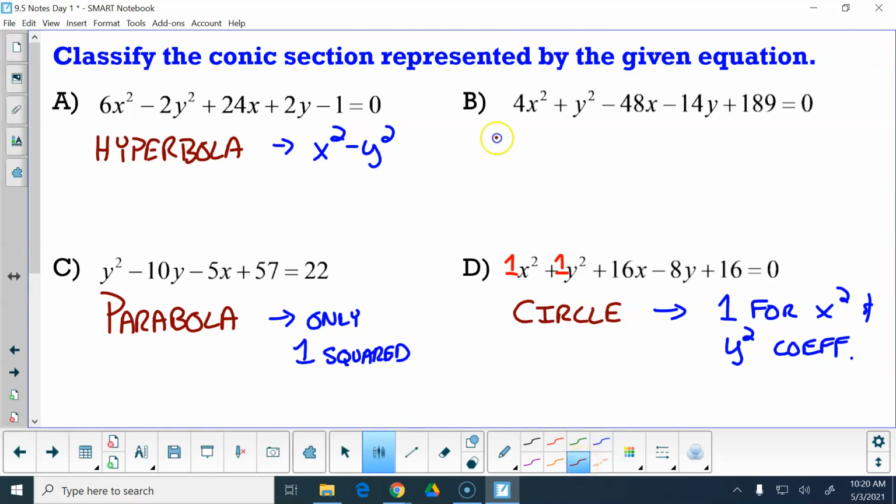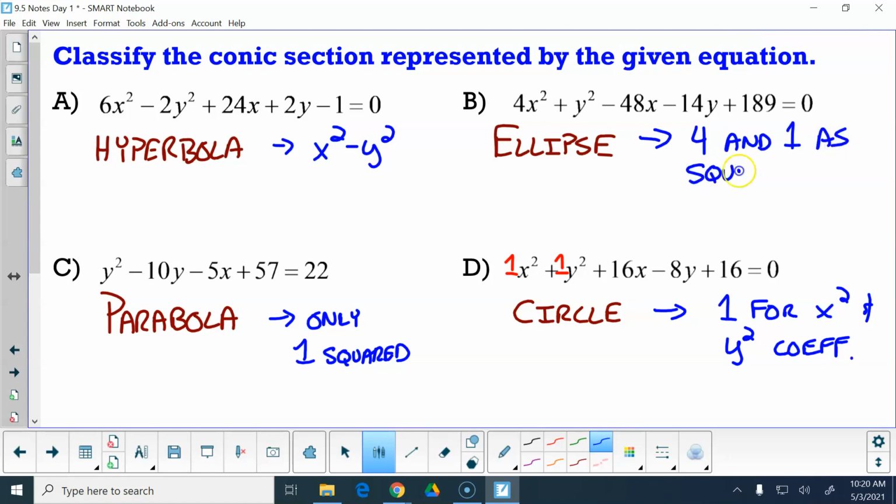This one is an ellipse because we've got 4 and 1 as our squared coefficients. What was your question? My brain was just like, if you have a number other than 1 or something like that. Not necessarily. They just have to be different.